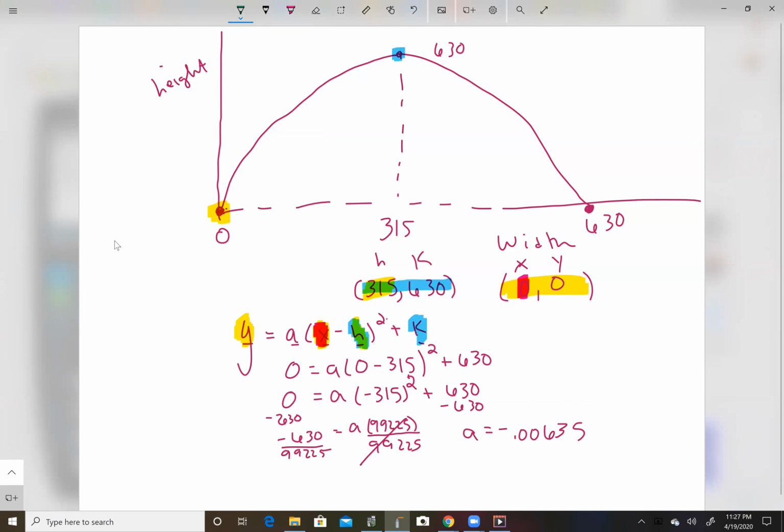Okay, so my equation is going to be y equals negative 0.00635 times x minus 315 squared, it goes outside the parentheses, plus 630. Okay, so that's my equation in vertex form.